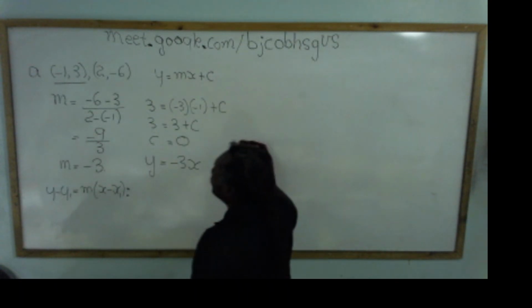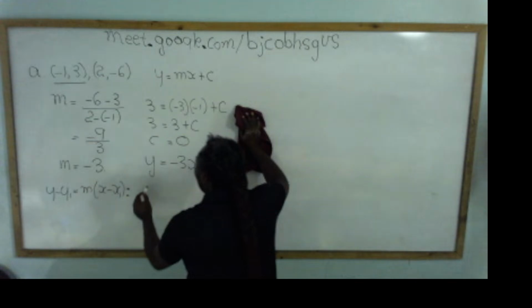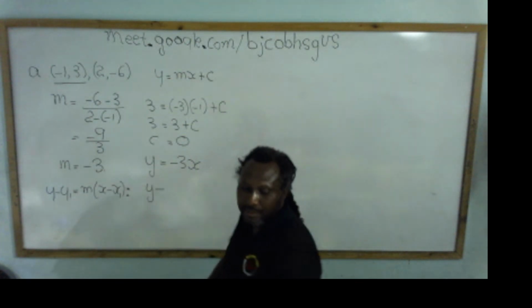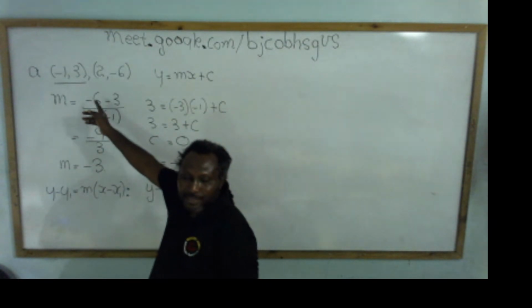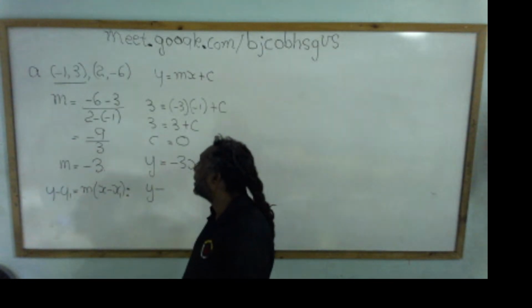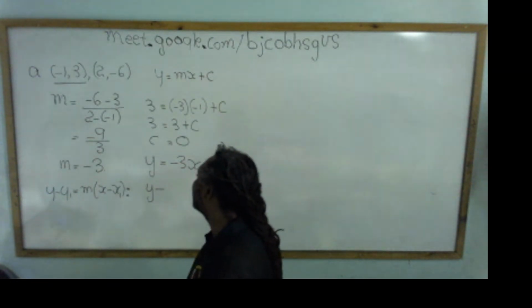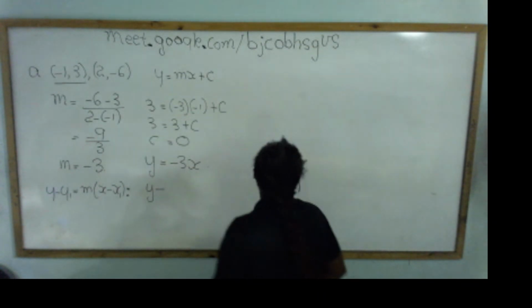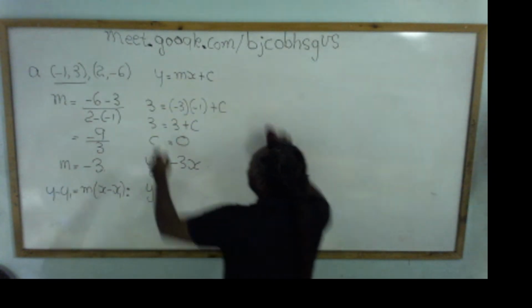So we're going to use it right here, and I'm going to use this point. Remember that a point is a pair of coordinates that represent the point right there. So we have y minus the value of y. The value of y is negative 6.